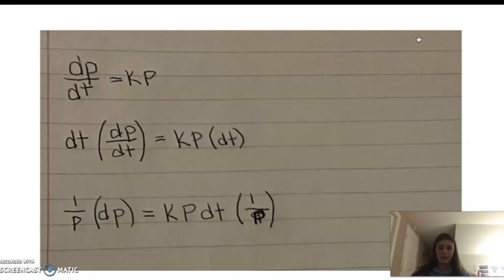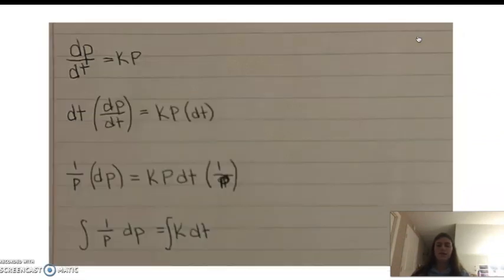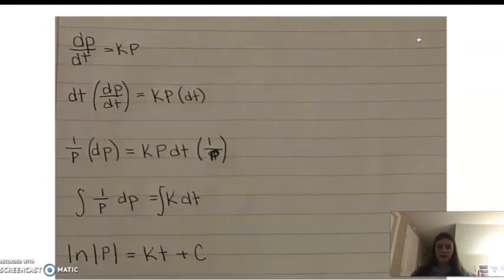Then we can divide both sides by P, and we get (1/P) dP = k dt. Next, we want to take the integral. So the integral of 1/P dP equals the integral of k dt. And when we take the integral, we're left with ln|P| = kt + C.